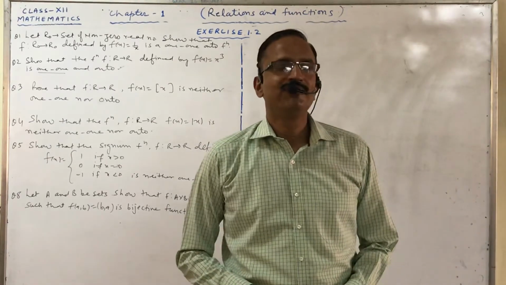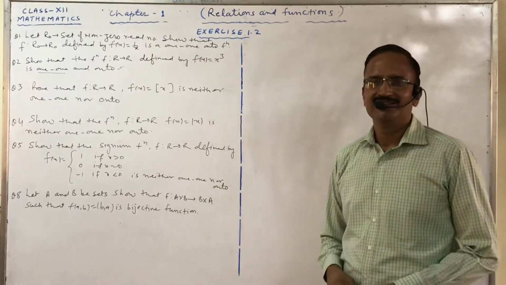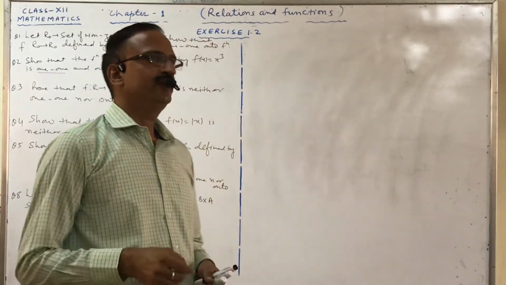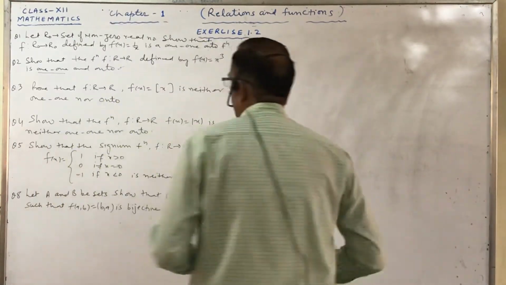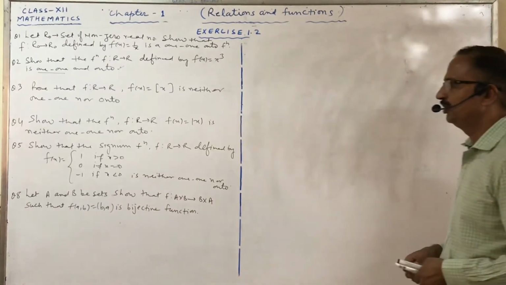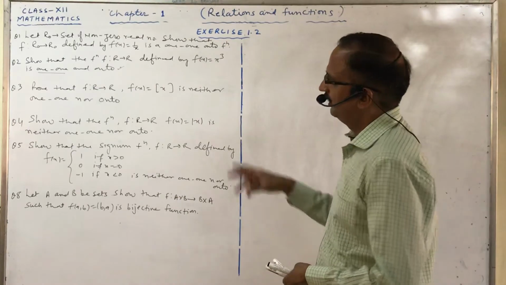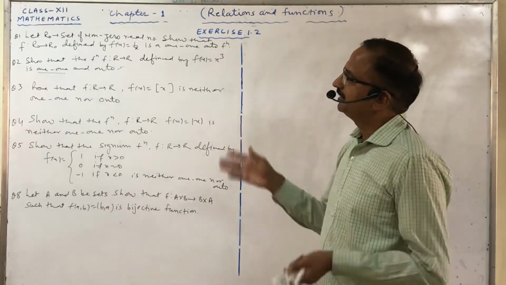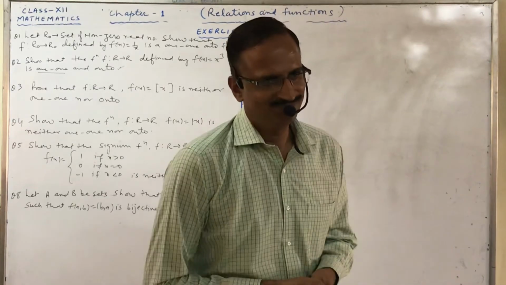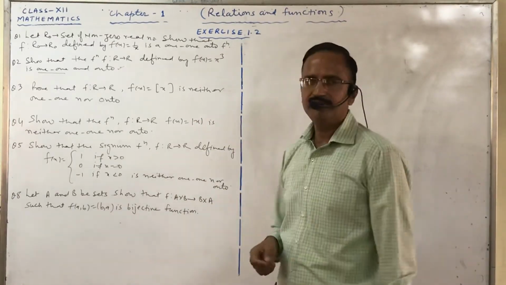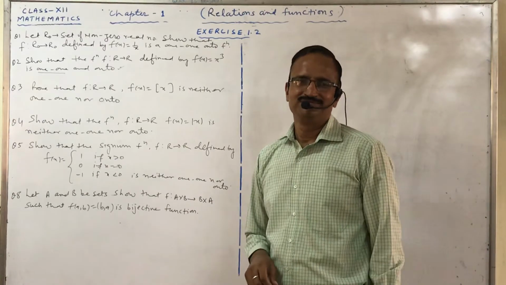Greatest integer function, less than or equal to x, is neither one-one nor onto. Okay, in first two questions, what have we proved? The functions are one-one and onto. Now we have to prove that this function is neither one-one nor onto.